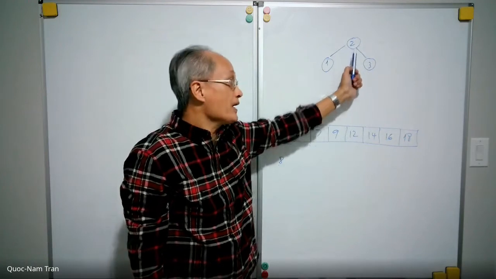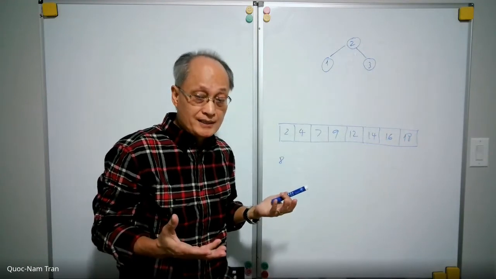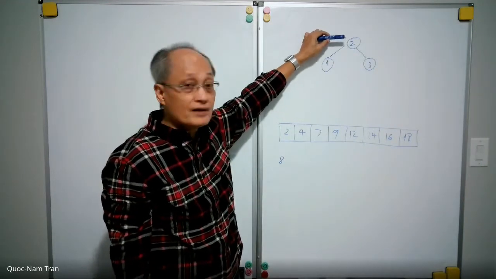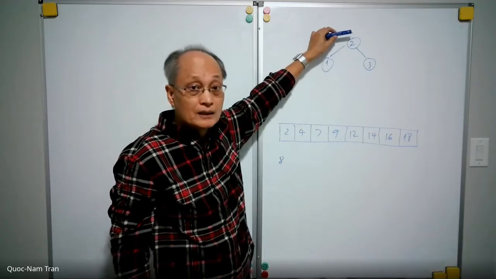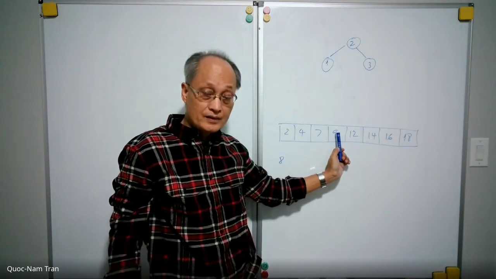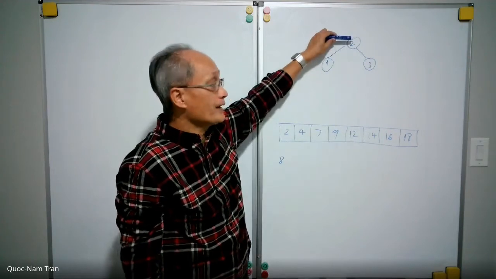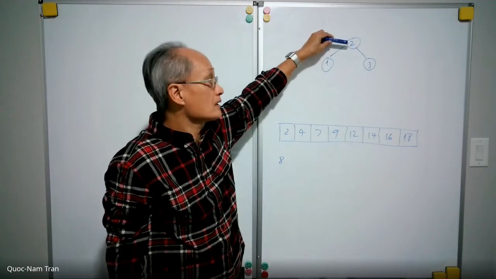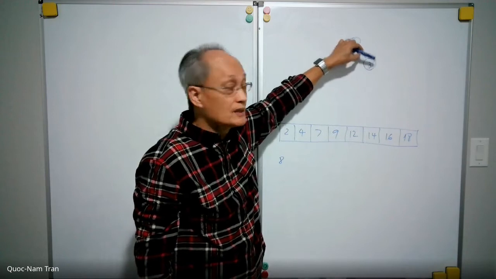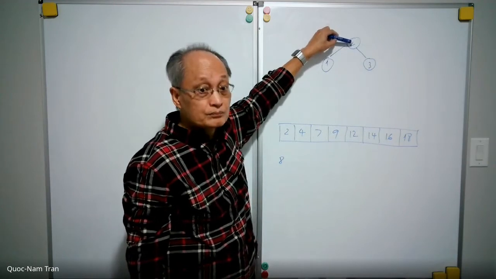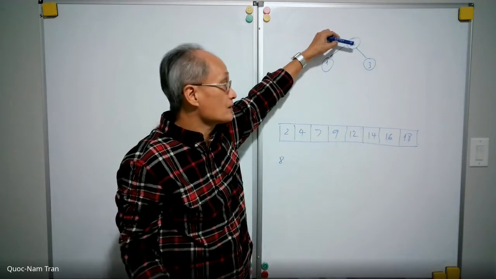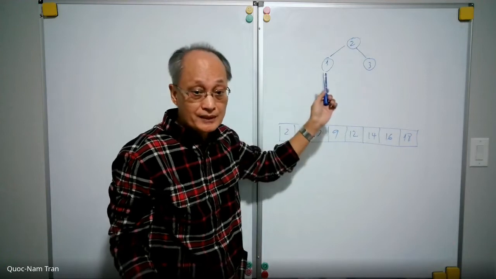So if we have a binary search tree, we can search for any element very fast by going to the root, which is the middle value of the array, and comparing. If it's smaller, we search the left subtree. Otherwise, we search the right subtree. If they are the same, we just print out that yes, we found the element. So that is the binary search tree.